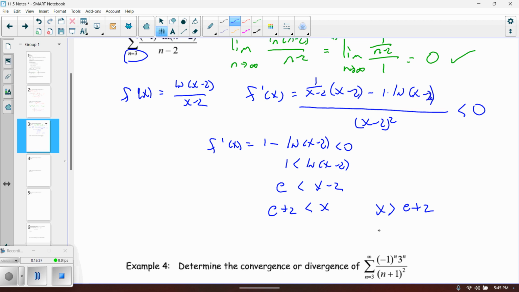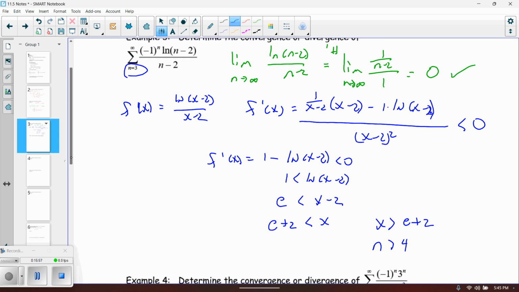So we know that e plus 2 is going to be approximately 4.72, and the x here is representing our n values, and since n are only whole numbers, n has to be greater than 4, or you could say greater than or equal to 5. But that means for every n value greater than or equal to 5, this is going to be a decreasing function. So that meets the second criteria. Therefore, this one is convergent.